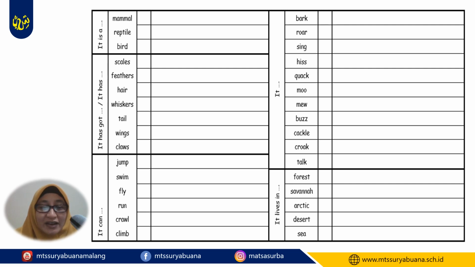And the next part: it can jump, it can swim, it can fly, it can run, it can crawl, it can climb, or we can just say it jumps, it swims, it flies, it runs, it crawls, it climbs.